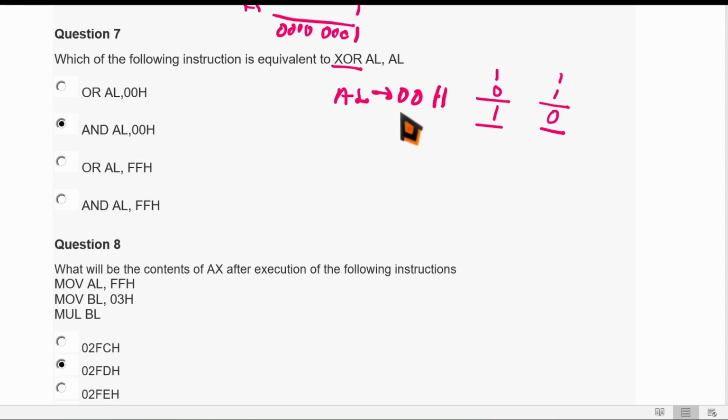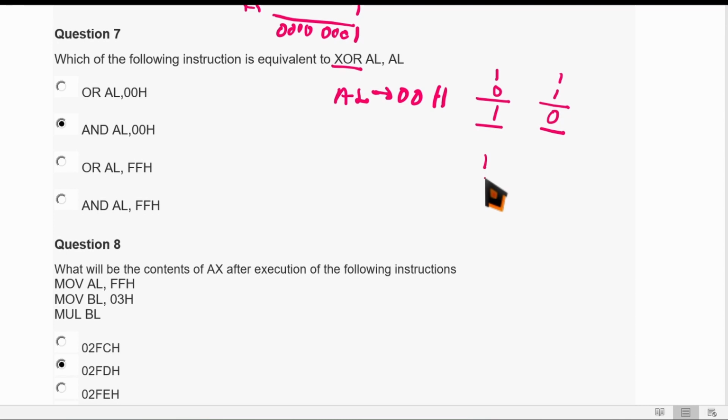00H in hexadecimal form. Now you take the instruction OR AL, 00. OR operation means if any one is 1, the output will be 1. So it will not make the AL register value 0.